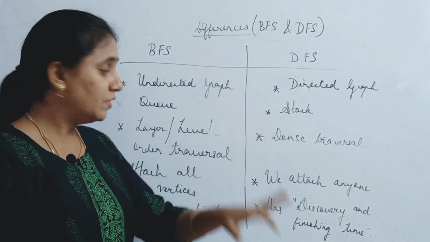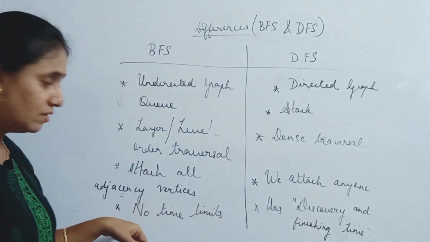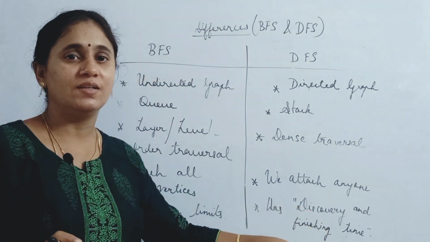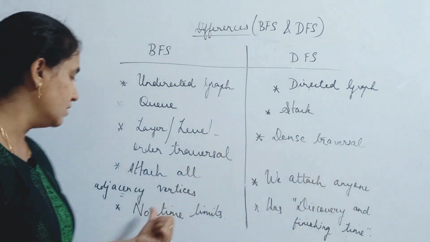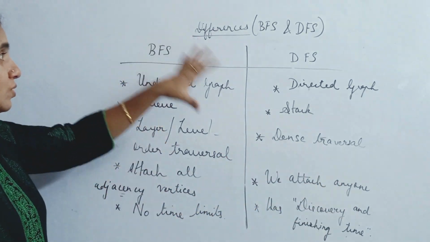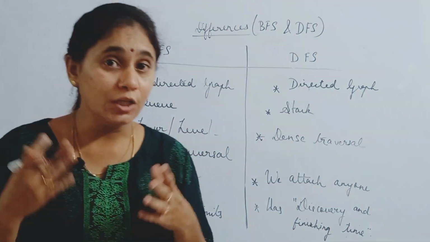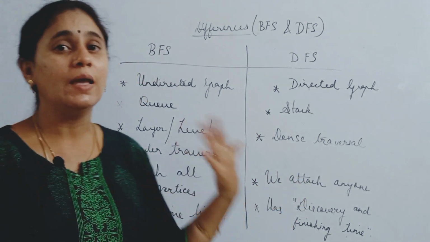DFS has discovery time and finishing time, but in BFS we do not have any discovery or finishing time; we do not perform these two functions there. Okay friends, this is a very important difference, so make a note of it. It is very useful if it is a theoretical question or if it is asked in an MCQ.